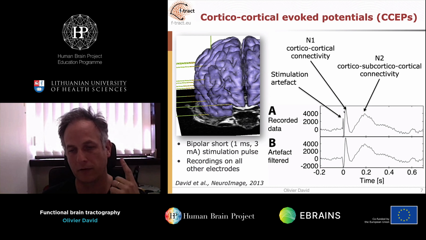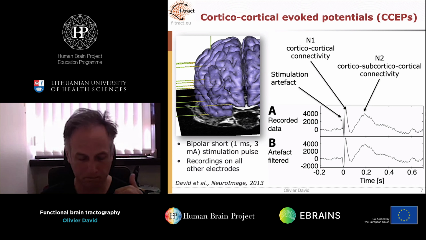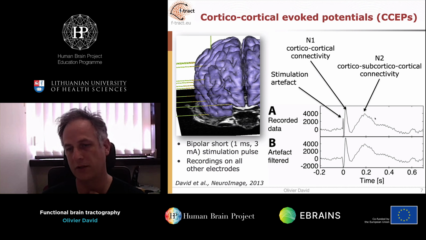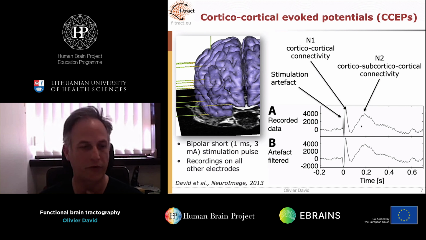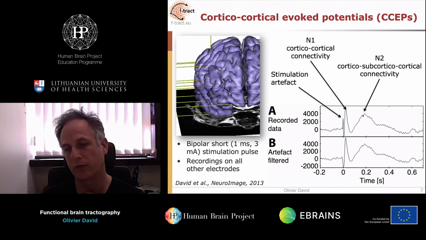Then the signals propagate towards the basal ganglia, the thalamus, and to cortex, or towards other cortical areas directly. It is followed by an N2 around 200 milliseconds, which is a more diffuse response that we are not going to discuss here. In the rest of the talk, I will talk only about the N1.